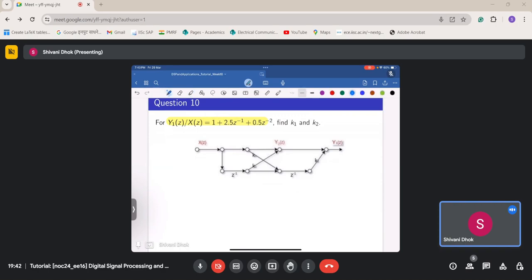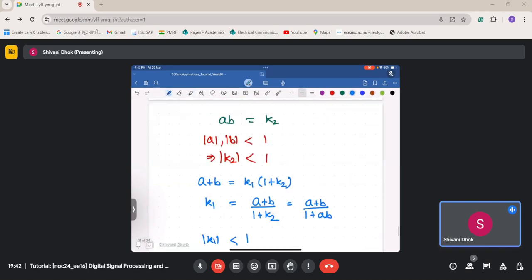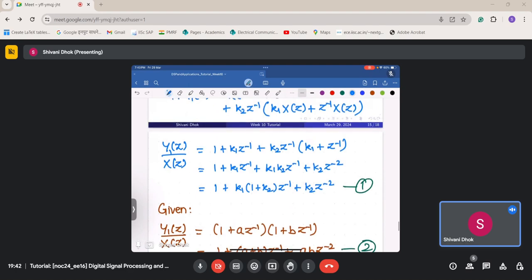Now if you look at whatever relation we had obtained, we have y1 of z upon x of z in terms of k1 and k2.